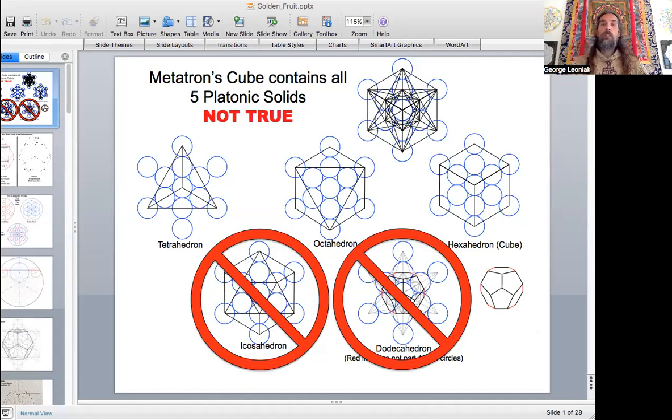I'm going to start it out with one of my traditional slides, from one of my first few videos where I made a kind of breakthrough video on the Metatron's cube, showing for the first time, and I have a series of videos on this, maybe 5 or 6 more, that Metatron's cube does not contain the icosahedron and dodecahedron.